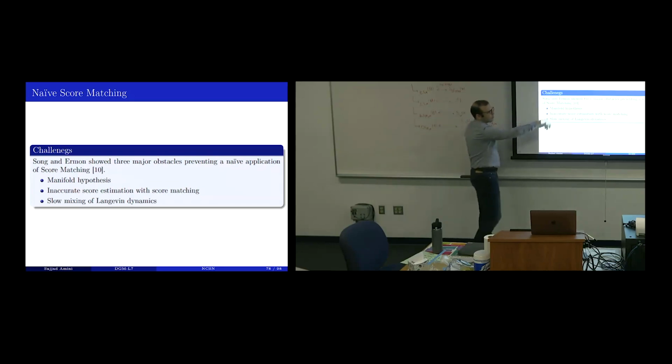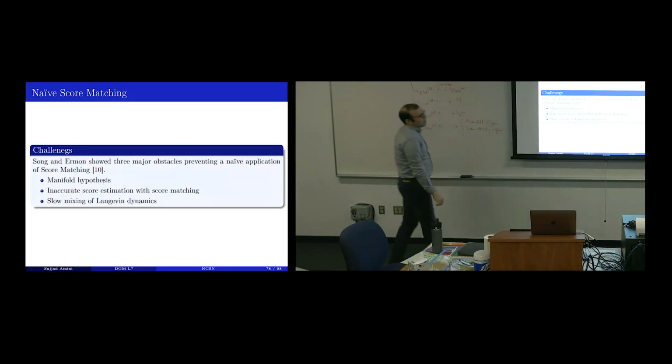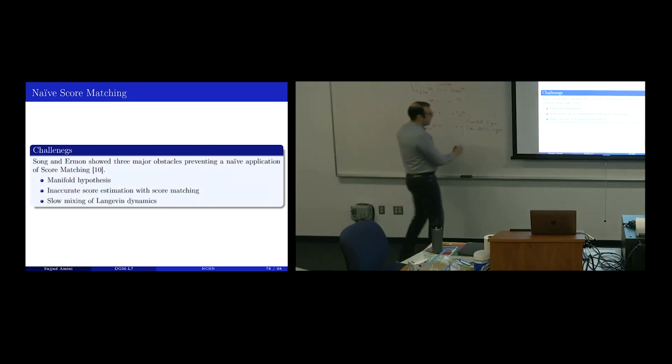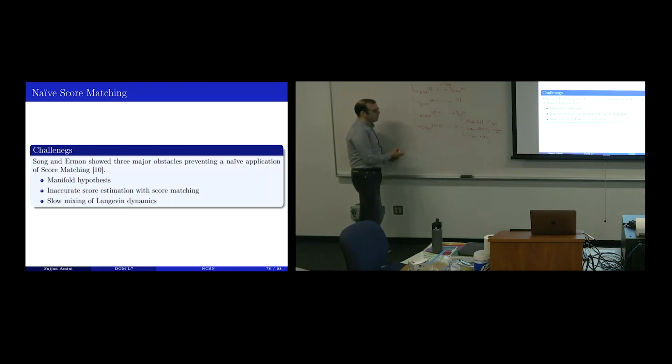This is coming from the Song paper, the topic of this challenge, and also the slow mixing. It means that even the denoising score matching, where we can easily calculate the loss, backpropagate it and update our model, has these 3 challenges.